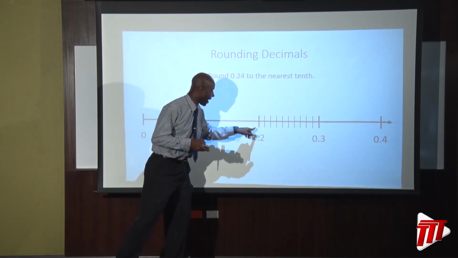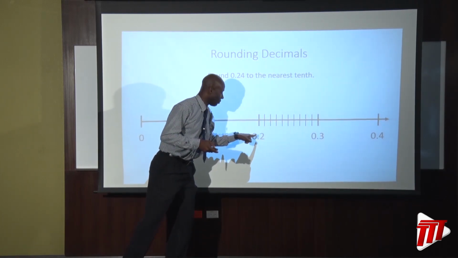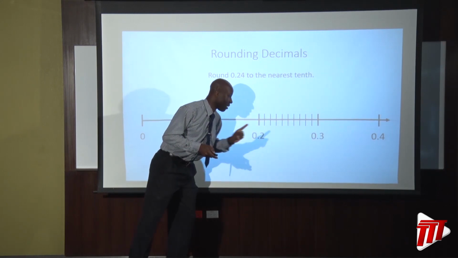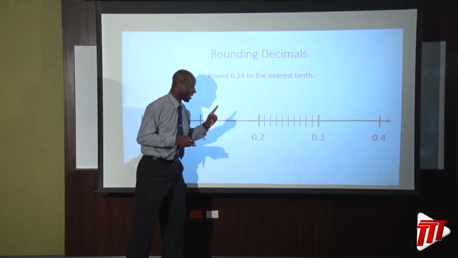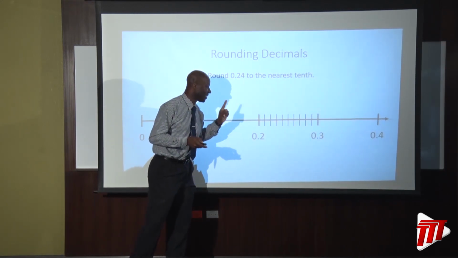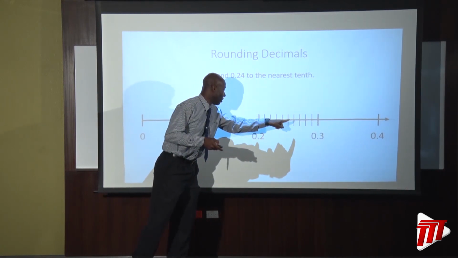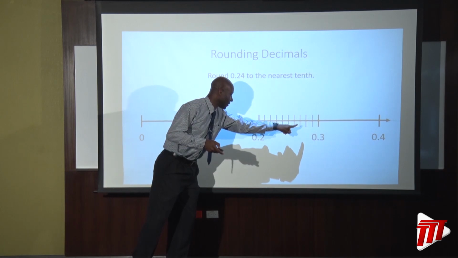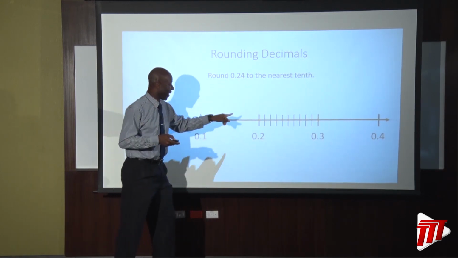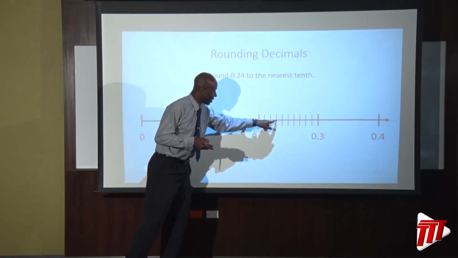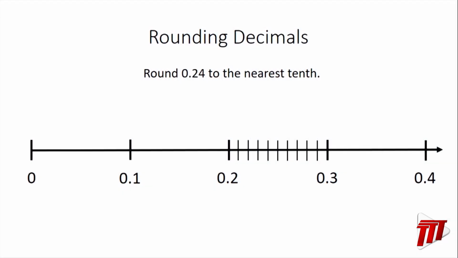So I have divided 1/10, from 2/10 to 3/10. Remember, that is 1/10, and each tenth has 10 hundredths. So I have decided to divide 1/10 into 10 equal parts. Each section represents 1 hundredth.